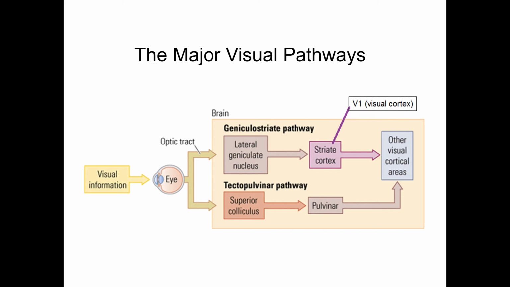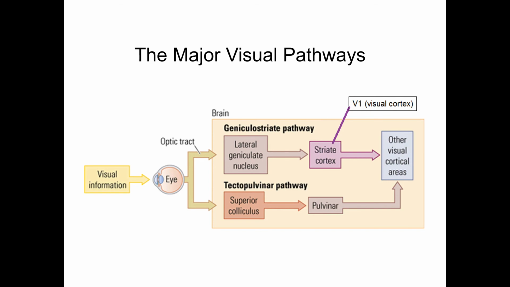Then the axons form the optic nerve and leave the eye. Half of the information of each eye crosses over through the optic chiasm, and then they form 2 optic tracts. These both split up into 2 pathways in the brain.